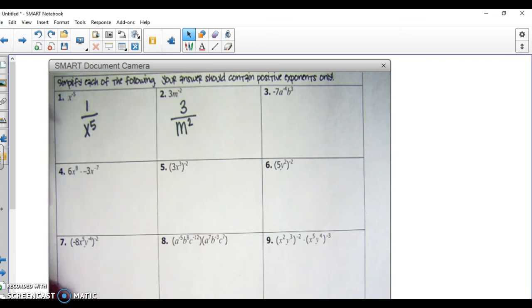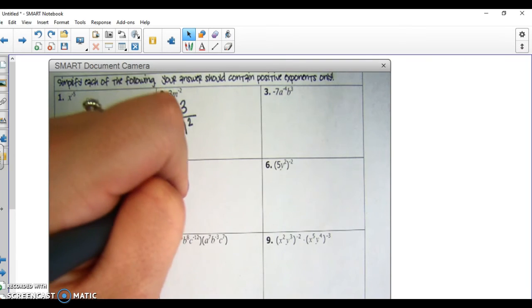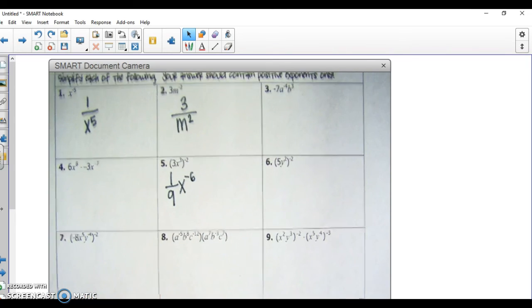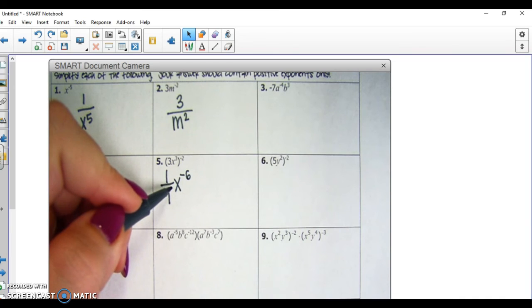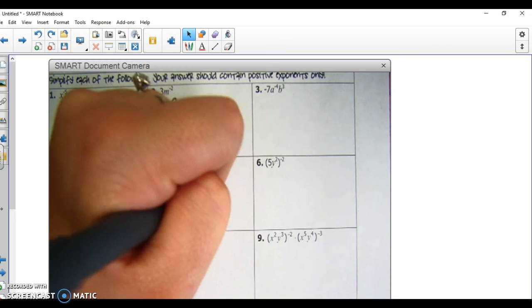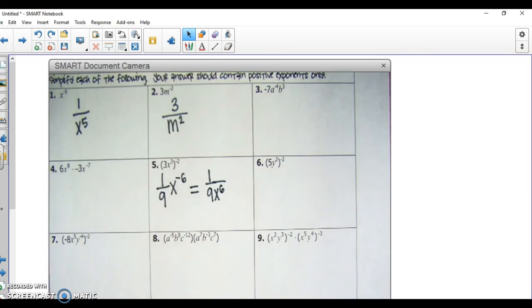So 3 to the negative 2 power gives me 1/9. Then I have x, 3 times negative 2, x to the negative 6th power. So now I need to move my x down to the bottom. So when I simplify this, I end up with 1 over 9x to the 6th.